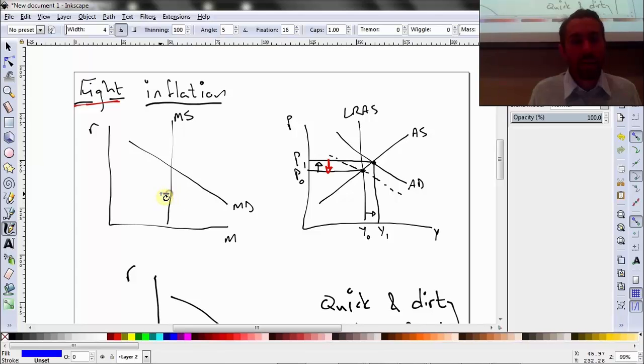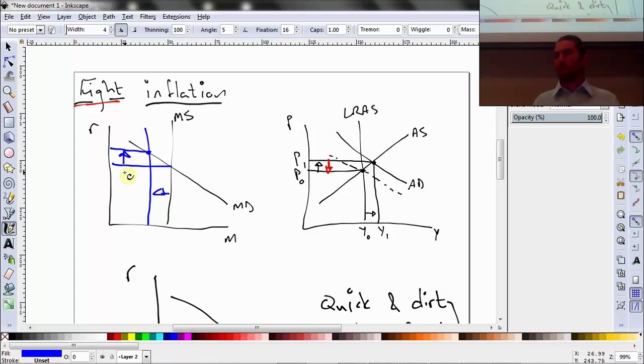If it decreases the money supply, in other words, it raises the repo rate, we've seen in those diagrams that it's equivalent whether we say raising the interest rate or decreasing the money supply. It's the same thing. When we decrease money supply, we increase interest rates. The Reserve Bank increases the interest rate by decreasing the money supply.